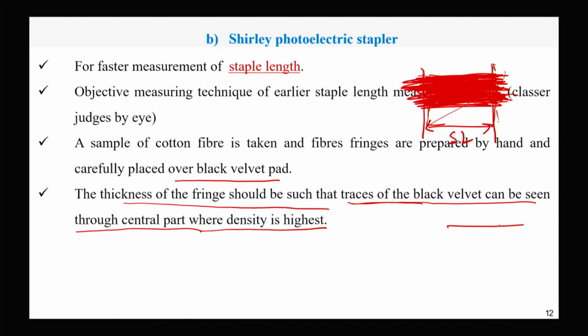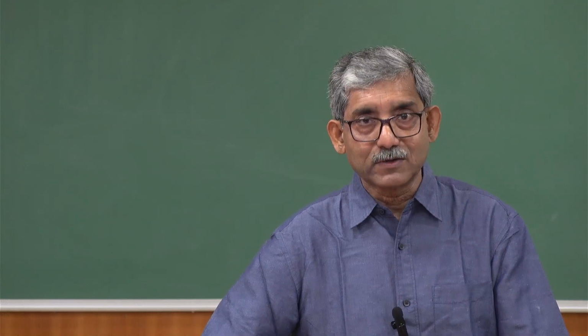That means we are taking the number of fibers such that at the back side the black velvet can be seen even from the central part, because it works on the light reflection method.